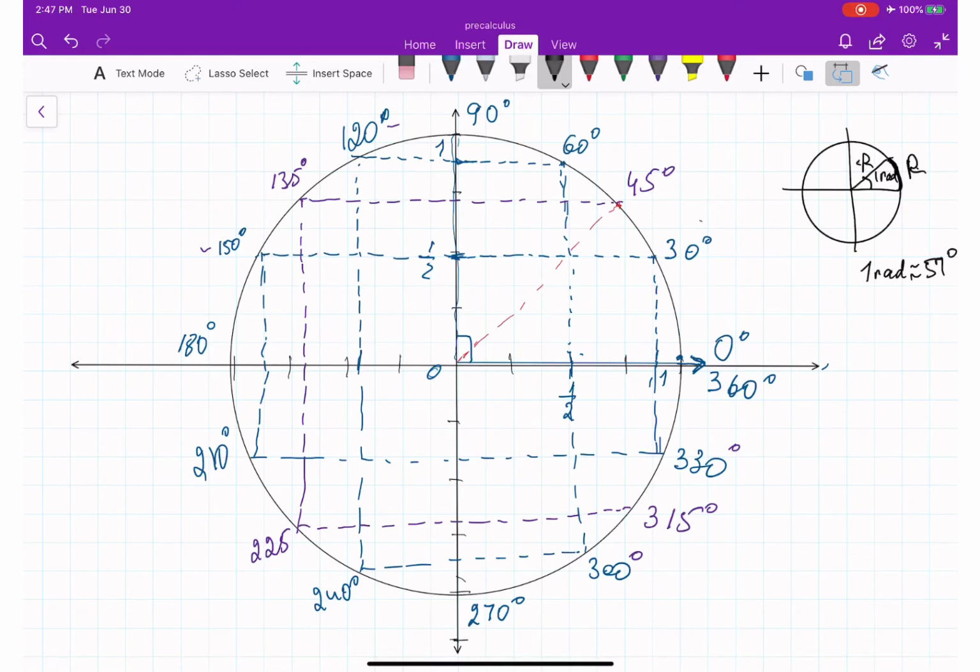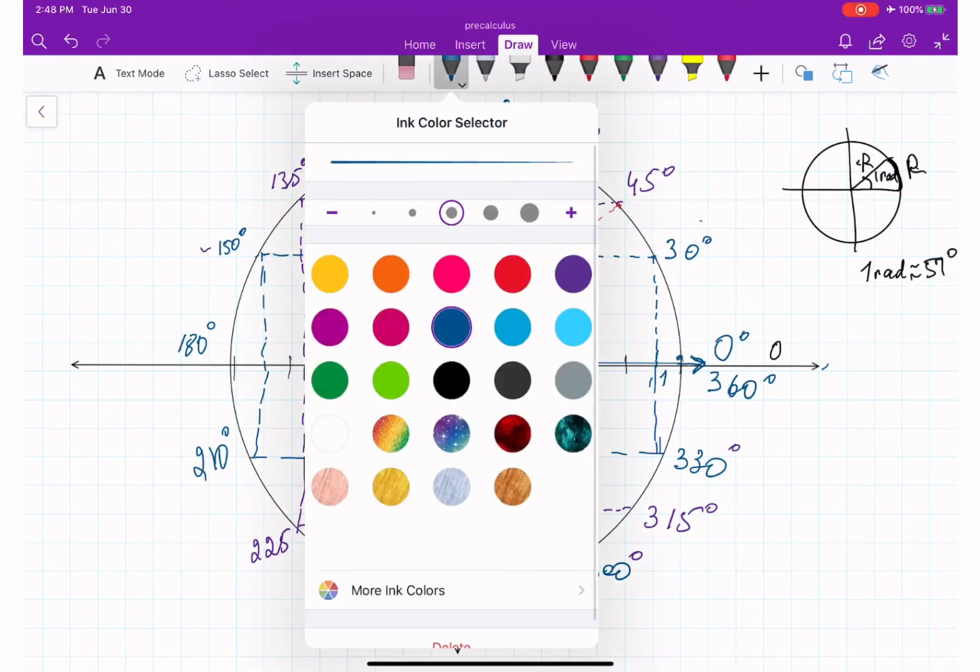So here we have, starting with 0, I can put 0 pi or 0. Okay. Then 30. How am I going to calculate this 30?